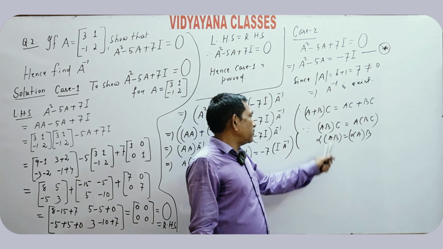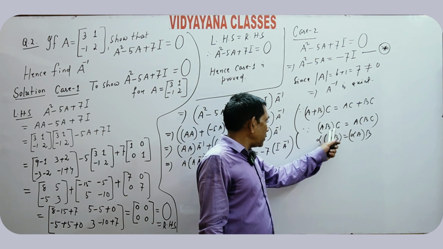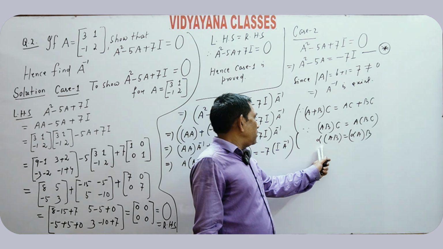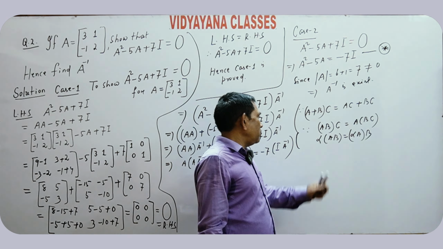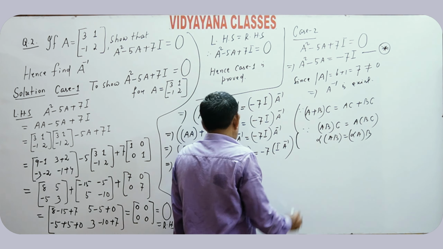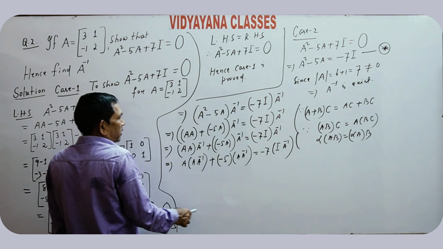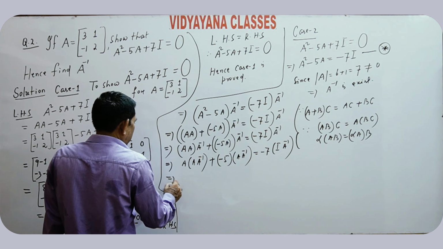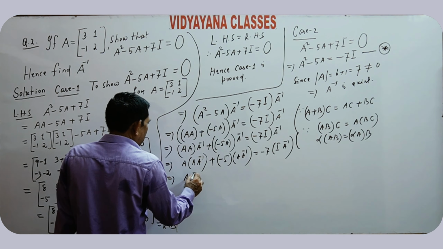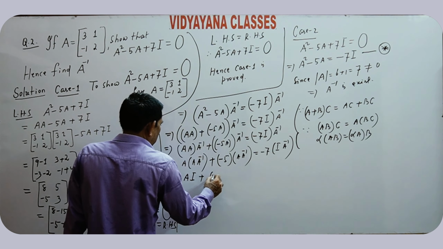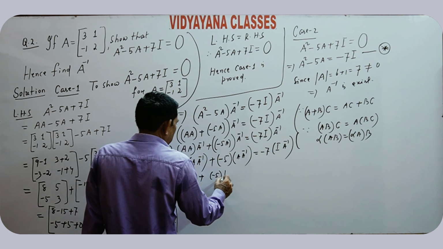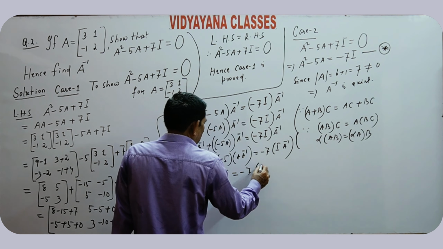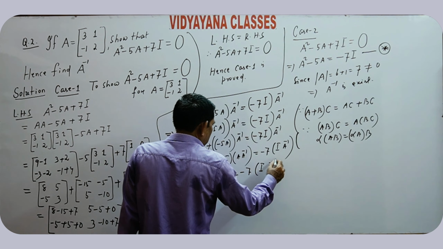A, B, C are the matrices. So this can be written as this, which implies A into I plus minus 5 into I is equal to minus 7I into A inverse.